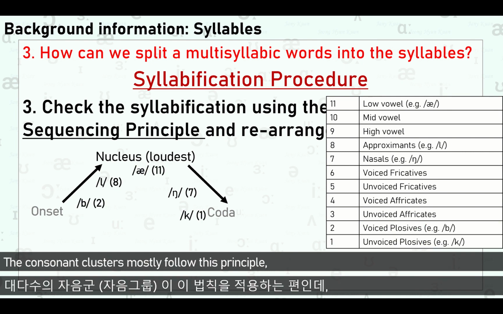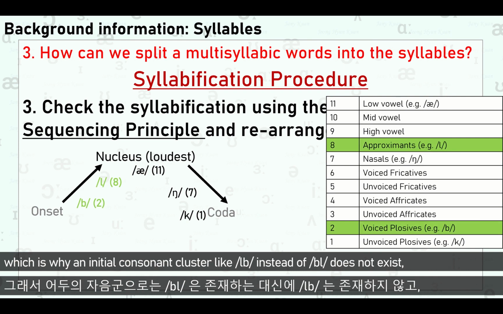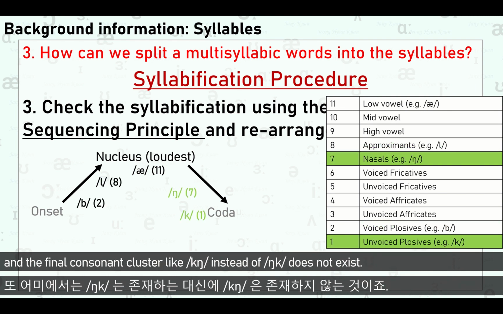The consonant clusters mostly follow this principle, which is why an initial consonant cluster like LB instead of BL does not exist, and the final consonant cluster like KN instead of NK does not exist.